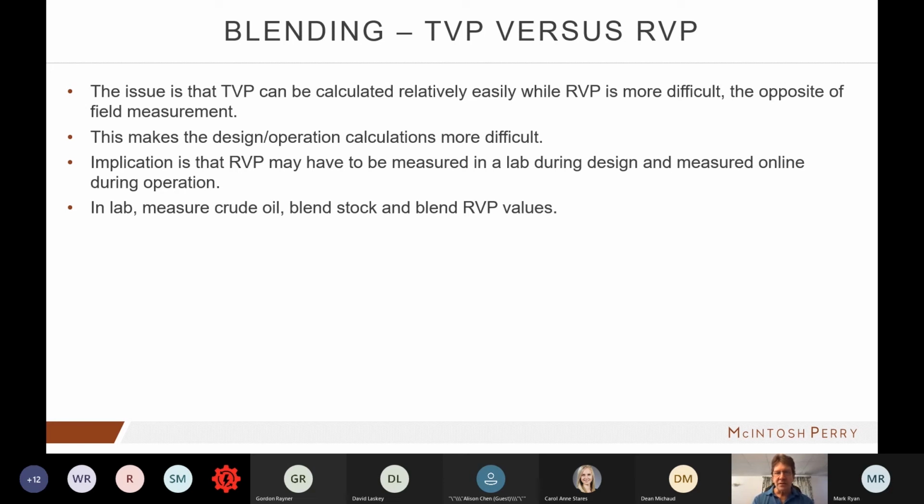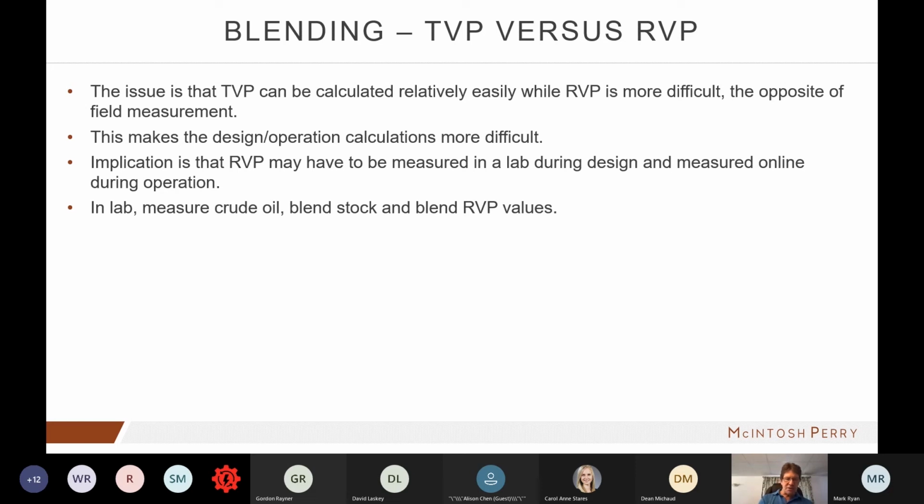The implication of not being able to calculate RVP very accurately is that it might have to be measured in the lab during the design phase to verify our design. Or when you're doing field operation, you may want to be measuring RVP online.